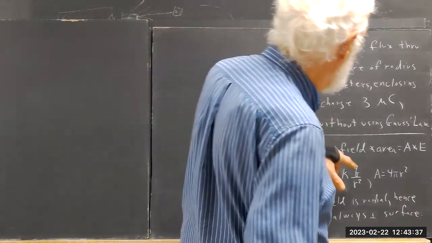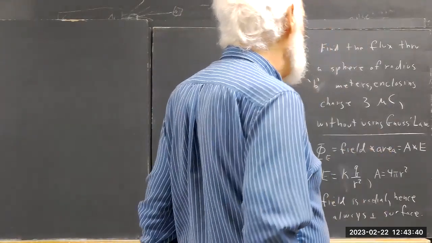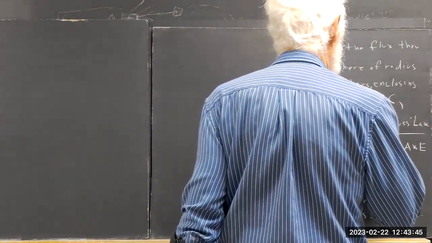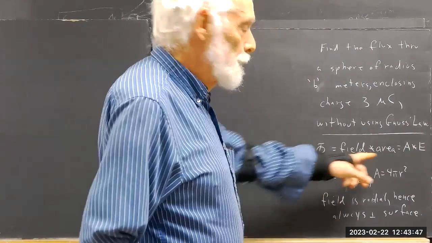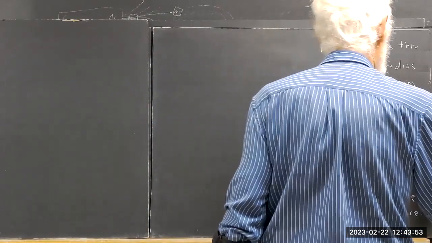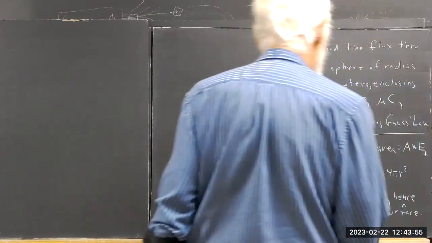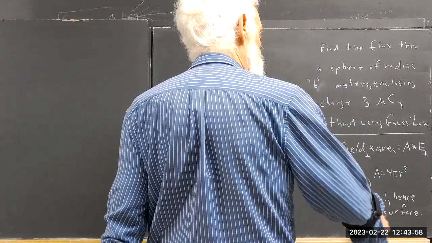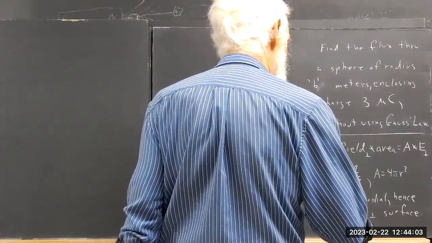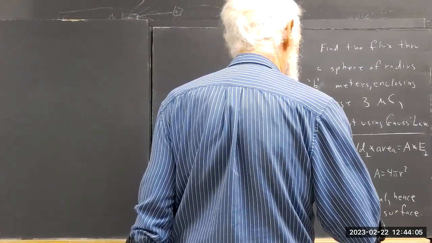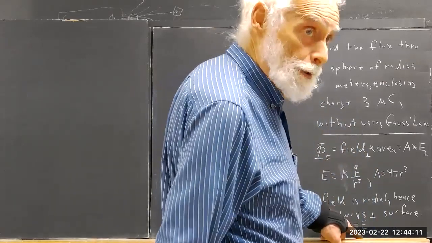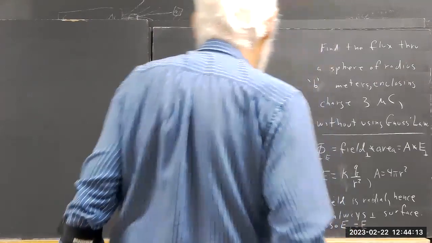So when I say the flux is field times area, it's the component of the field perpendicular to the surface. So I could write E perpendicular here. E is this. The field is always radial, always perpendicular to the surface. So the component of E perpendicular to the surface is E.